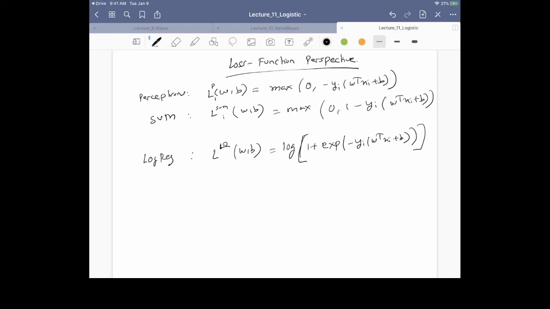Again, this is all the case of classification.